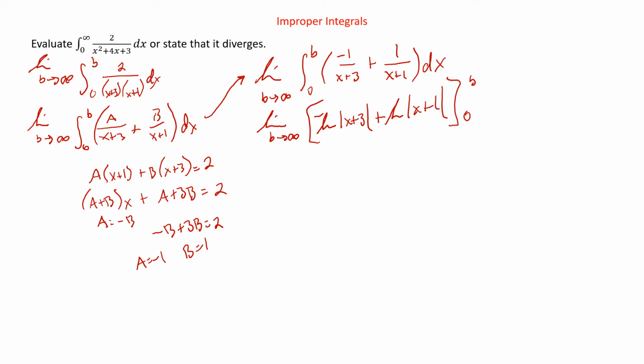So we can plug in b. We get natural log of b plus 3. I'm going to move that negative to be a negative 1.